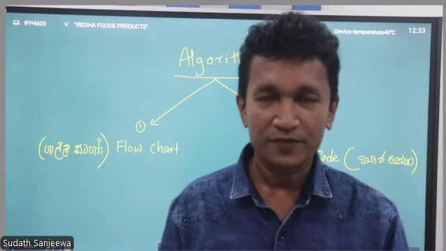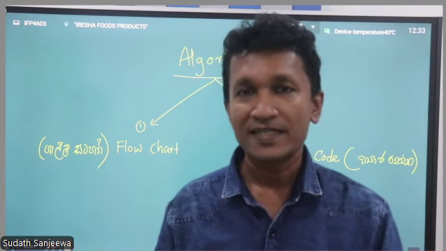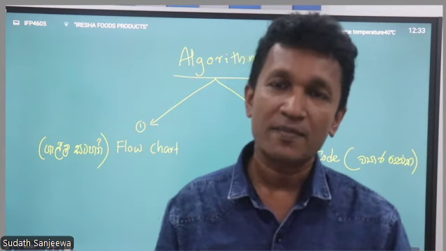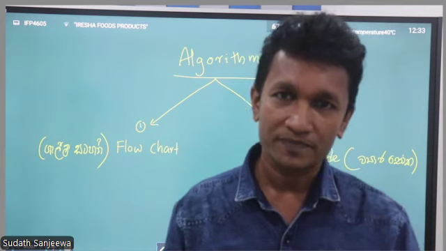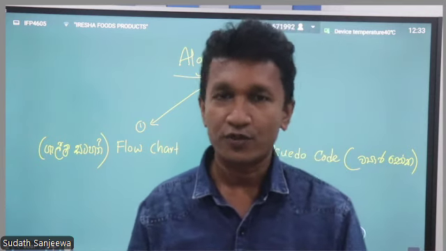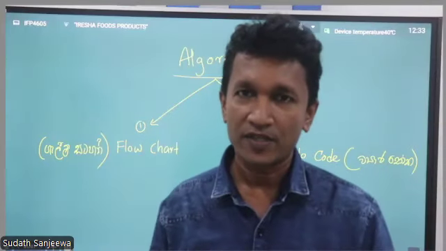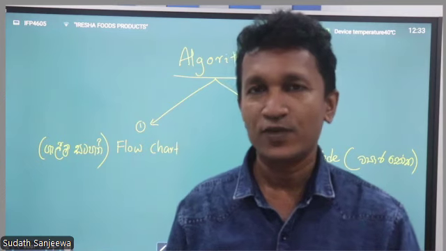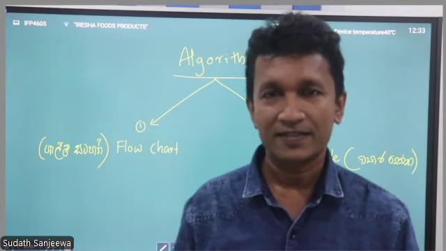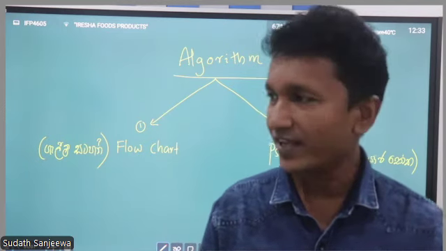To do that, we use algorithms. An algorithm shows the step by step process of how to solve that problem, right? It only shows. There are two ways of representing an algorithm. One is flowchart, the other one is pseudocode. That's about algorithms, right? Understood? Okay.